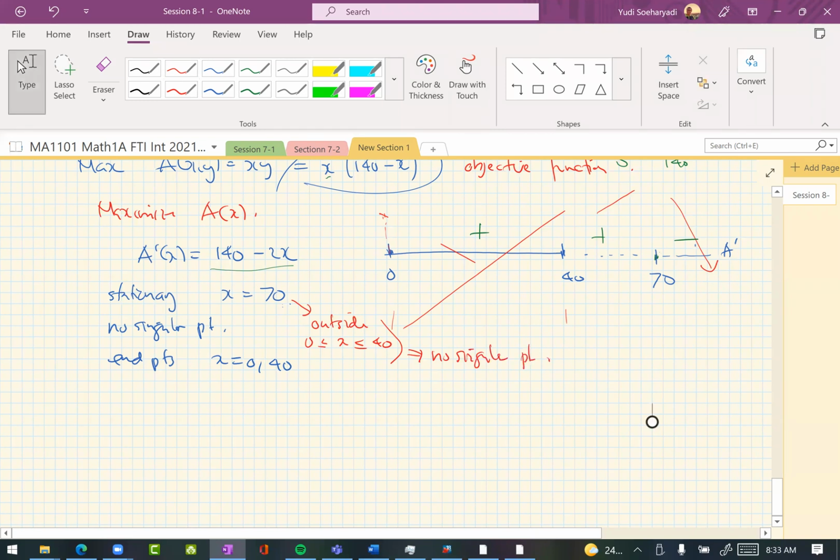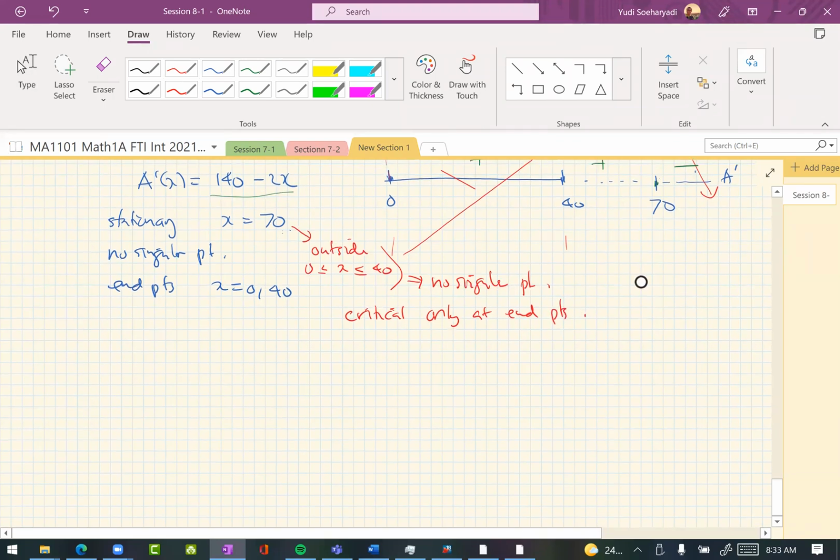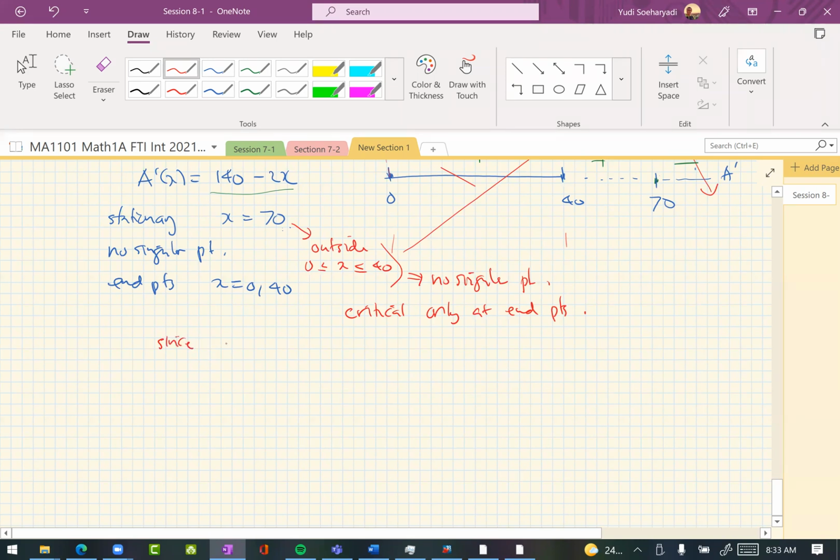So that's why you just need to find the critical points only at endpoints. Okay. Since the function is increasing, then the max should be located at the right endpoint, which is x equals 40.